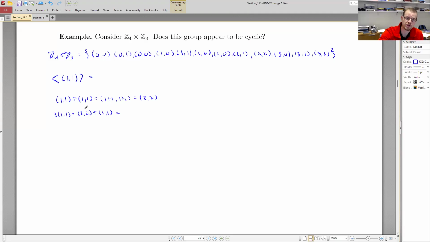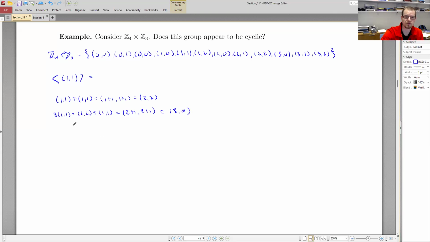So then I can add another one to get the third. So that's 2 plus 1 and 2 plus 1, no big deal. 2 plus 1 modulo 4 is 3, so that looks good. 2 plus 1 modulo 3 is 0.